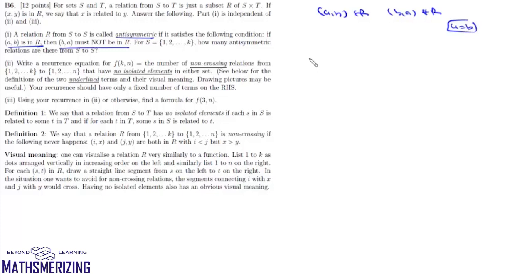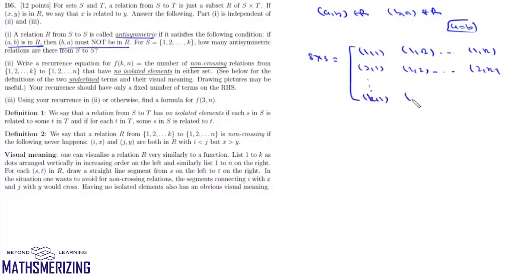Now we'll consider all Cartesian products S cross S. Then we'll write these products as (1,1), (1,2), up to (1,k), (2,1), (2,2), and (2,k), and then (k,1), (k,2), and (k,k).